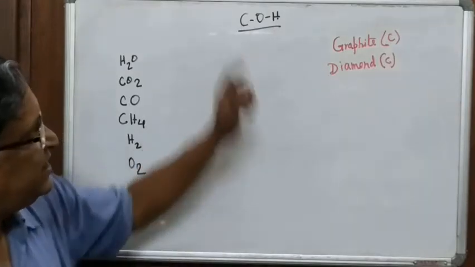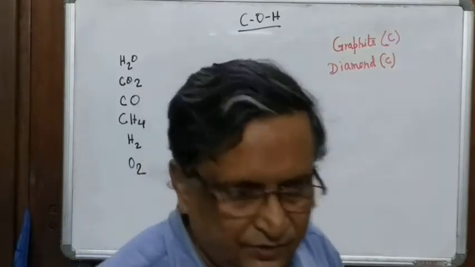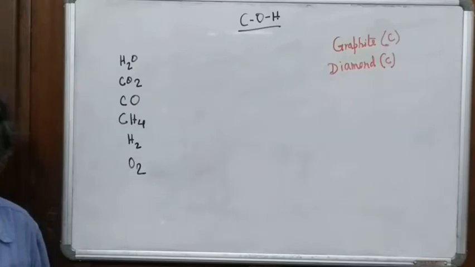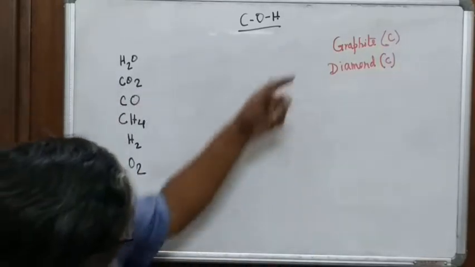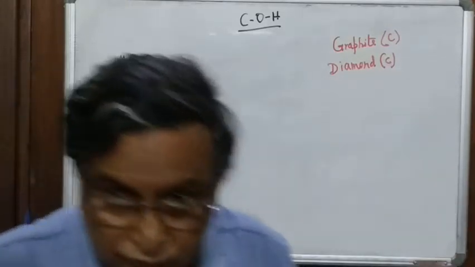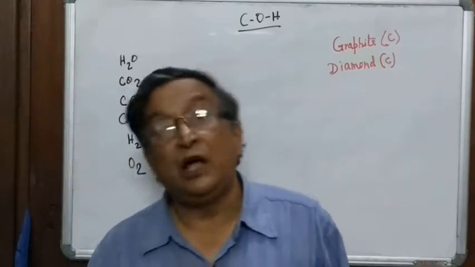So if you take the COH system, you can have graphite and you can have diamond. So either you can have graphite, or you can have diamond, or you can have graphite and diamond, or you can have none. Your rock does not contain either graphite or diamond.